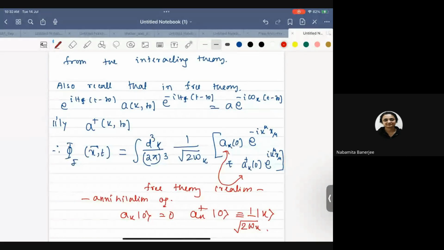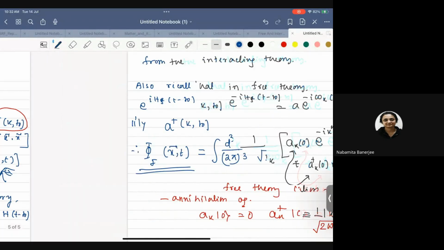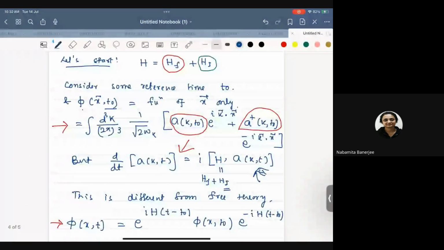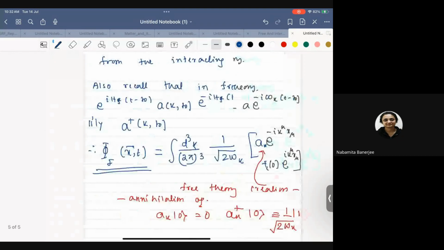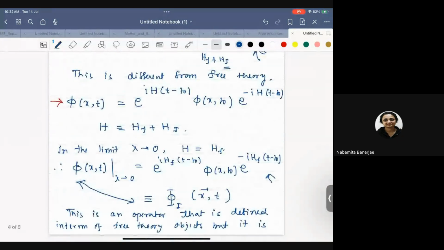So that's what I mean that I understand phi I. This phi I is an operator which has interpretation in both theories. I know it completely in terms of free theory objects, but it is also the operator of my interest, of my theory, in the limit lambda goes to 0.